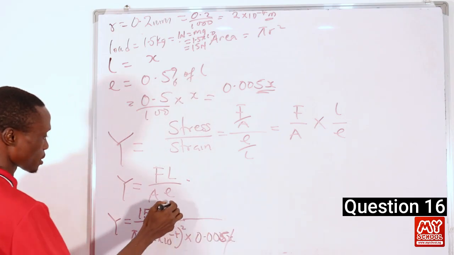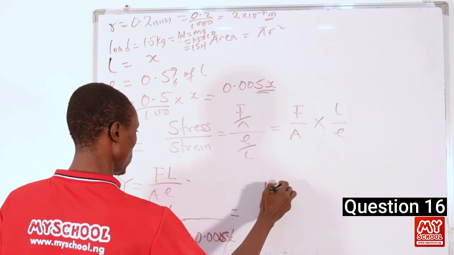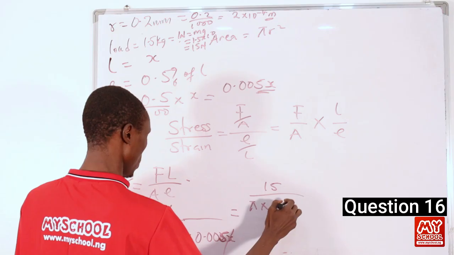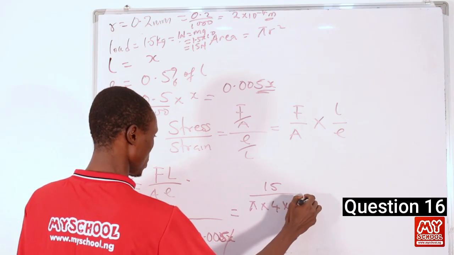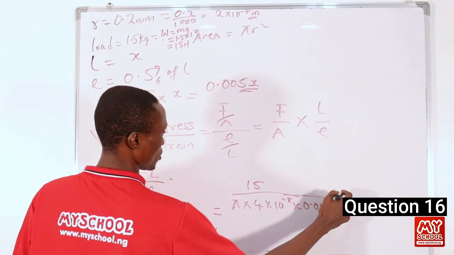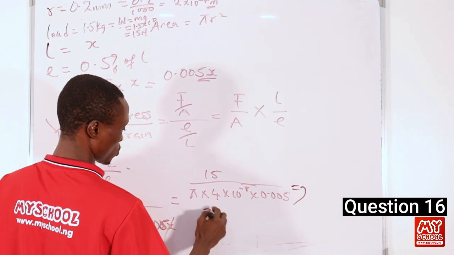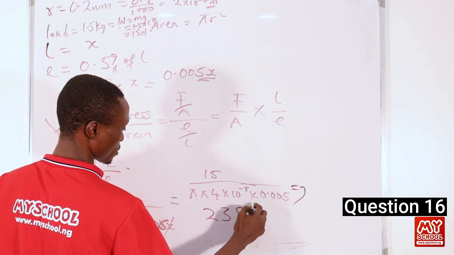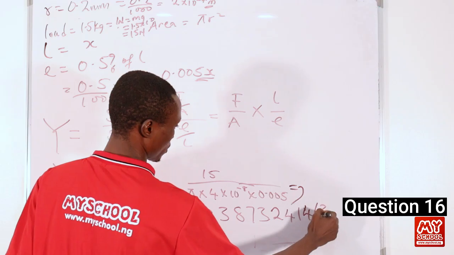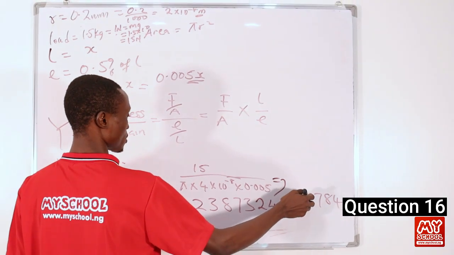So x cancels out, so that we are now having 15 over pi times 4 times 10 raised to the power minus 8, times 0.005. If we sum this up, our answer will be equal to 23873241463.784.